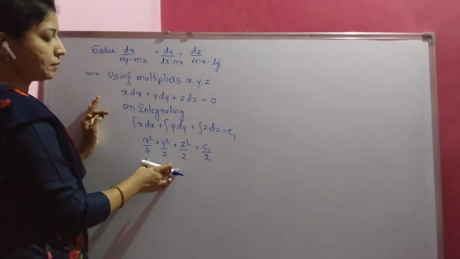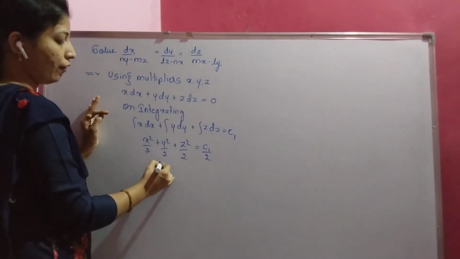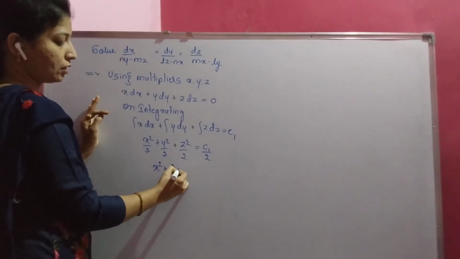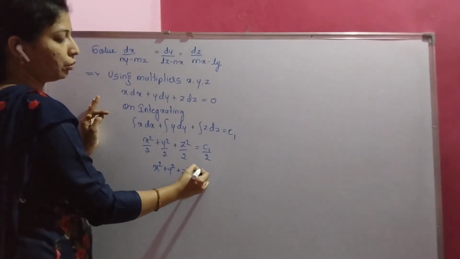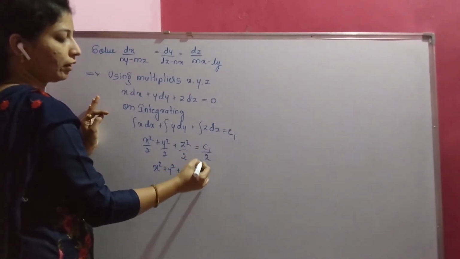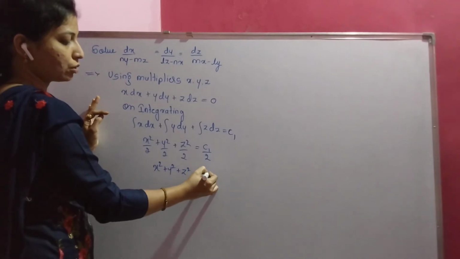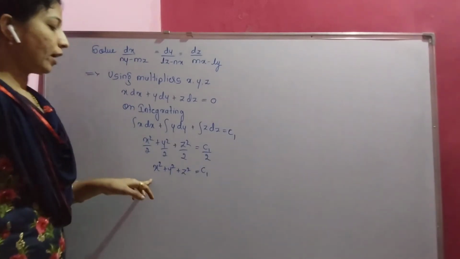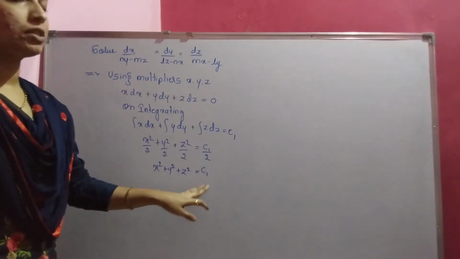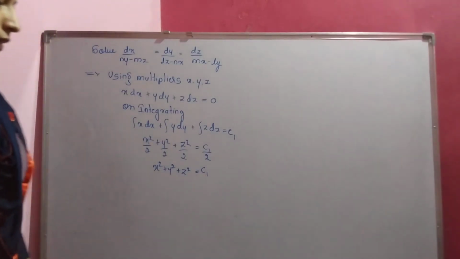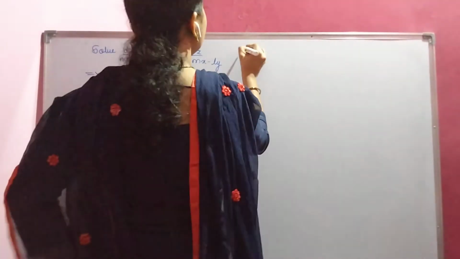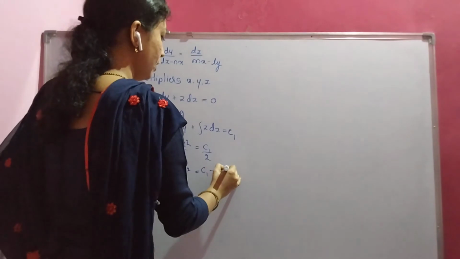From these three terms the LCM is 2, so we have x square plus y square plus z square whole divided by 2 is equal to c1 divided by 2, the 2 gets cancelled, so simply we have x square plus y square plus z square is equal to c1. Call this equation 1.